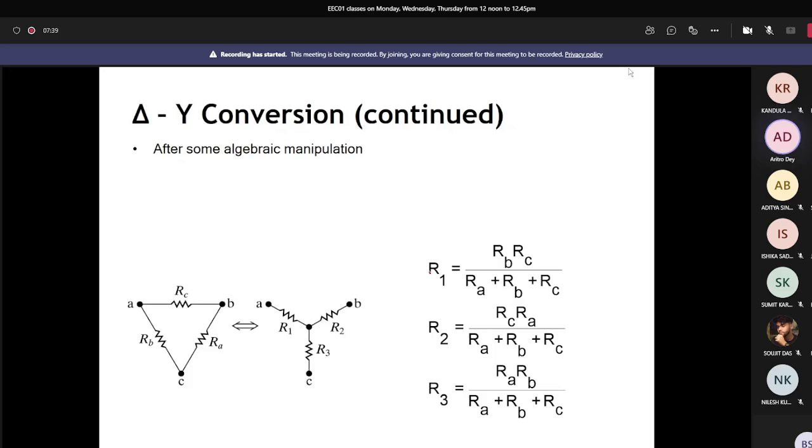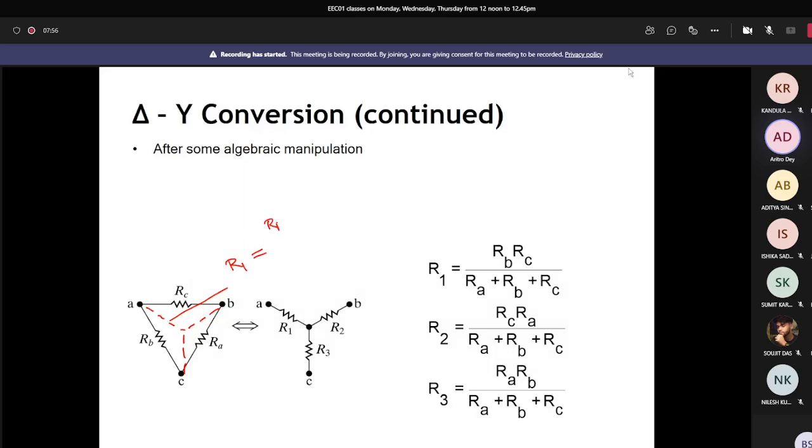To remember it, just consider the star within this delta. When you want to write R1, which is between RB and RC, there is a clue to remember.